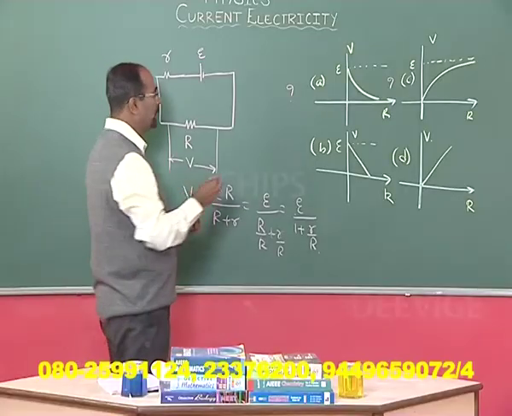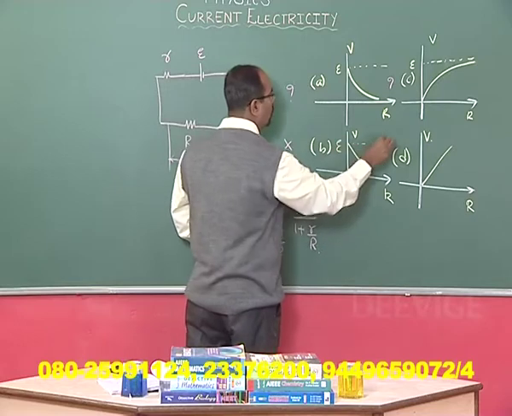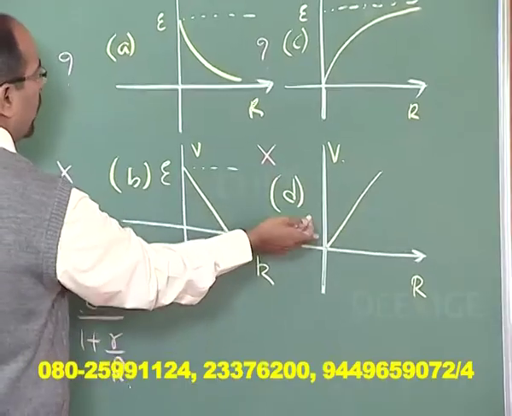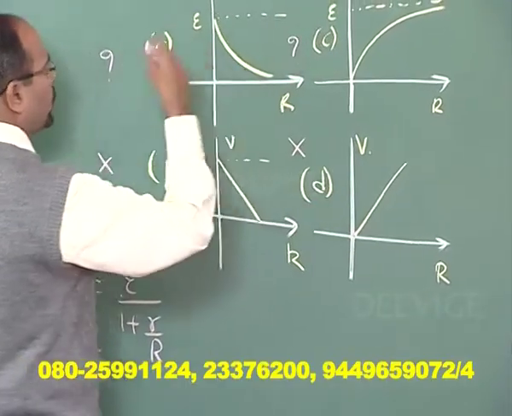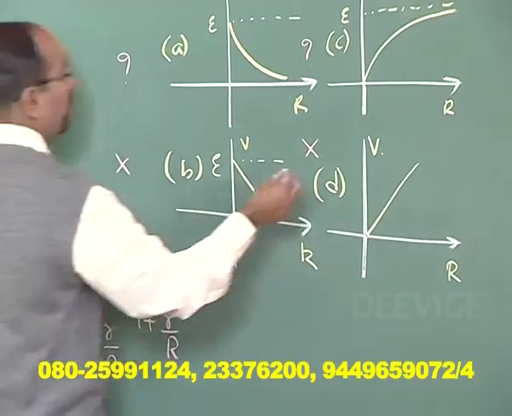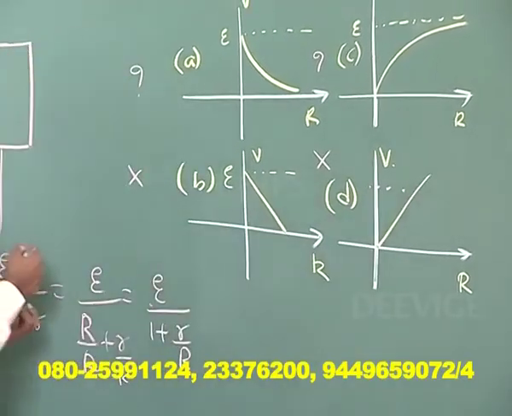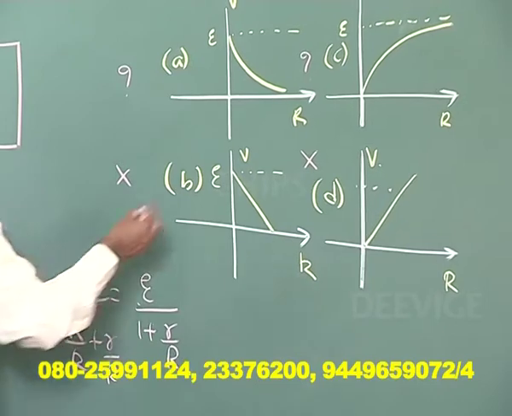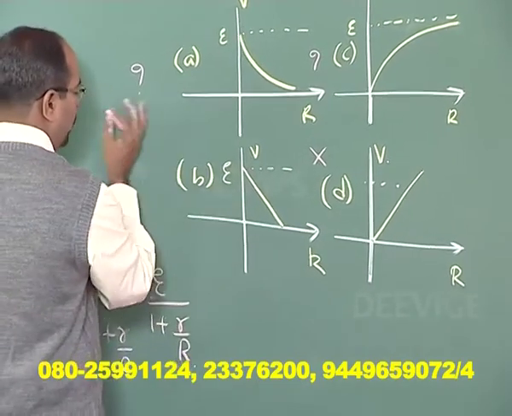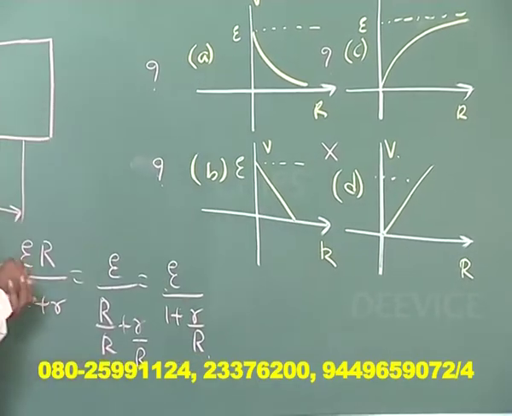And B and D are ruled out because you can see the relation in D, V is increasing and E is nowhere mentioned here. And here also, this may be correct. We can just think of this later.